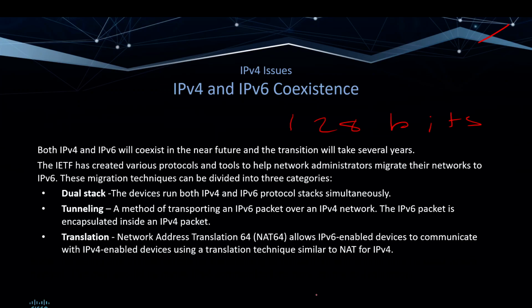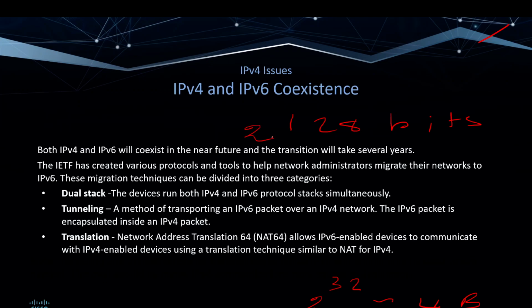Okay, so why did they choose 128 binary bits? Because IPv4 is 2 to the power of 32, because the length of IPv4 is 32 binary bits. Approximately, this gives us 4 billion IPv4 addresses. So the IANA, the organization responsible for creating the addressing, they probably made a huge mistake. That's why they decided to use 128 bits instead.